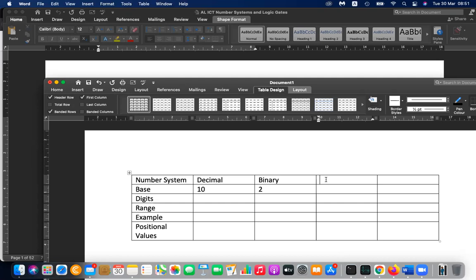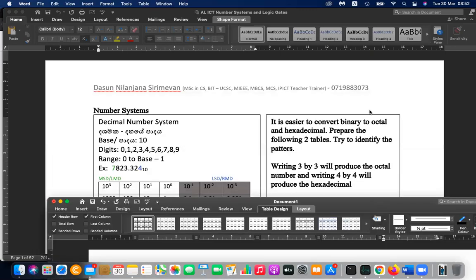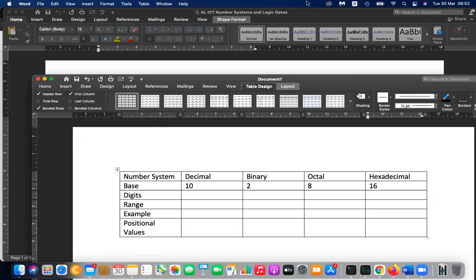Number system octal, and base is 8, and number system hexadecimal, and base is 16. Now complete the table. That's what I asked, so no need to write everything here. Just complete the table for the number systems. This is a sample table.